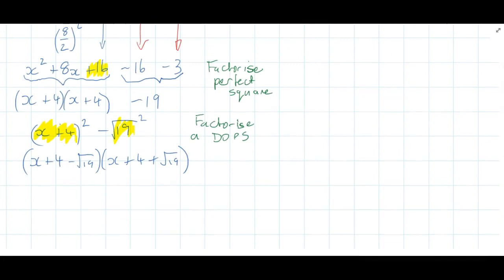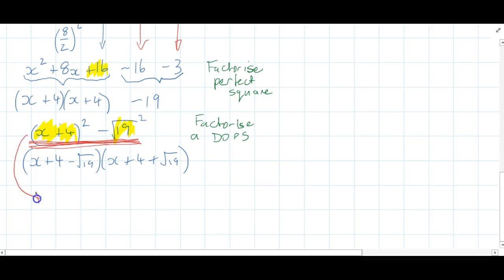Sometimes when you get to this step here, you cannot factorize a difference of perfect squares. And the reason for that is if you have a plus there, it's not a difference of perfect squares.